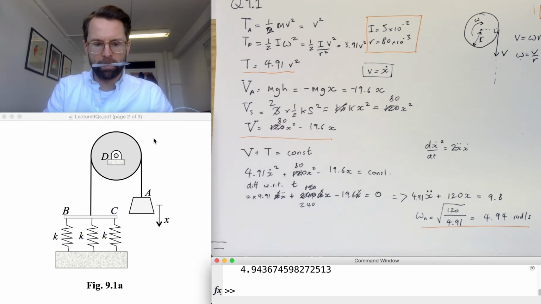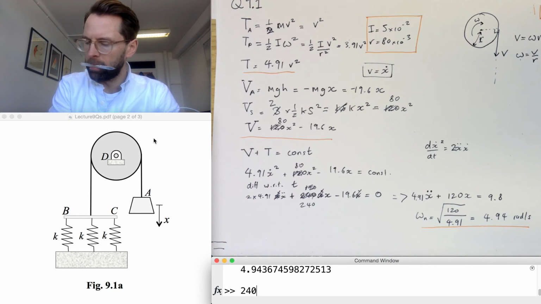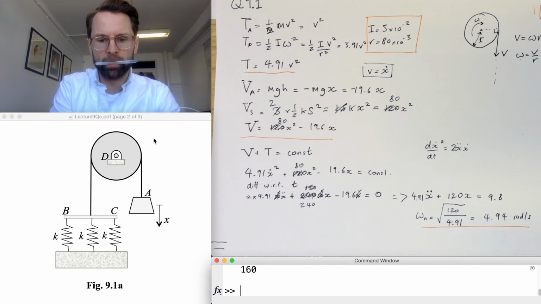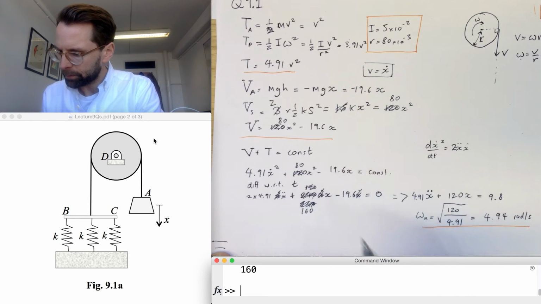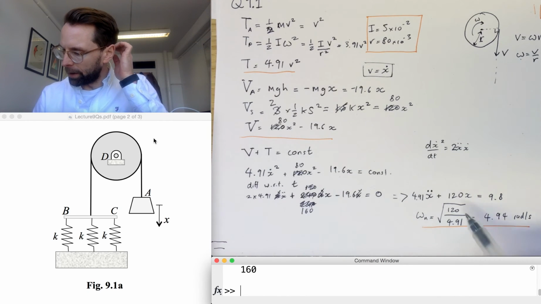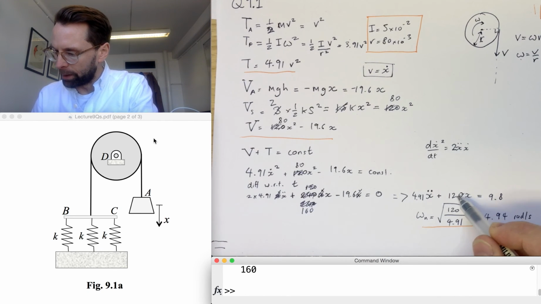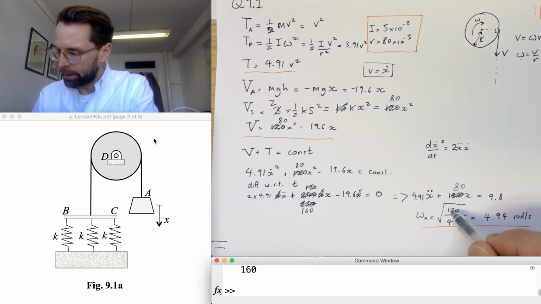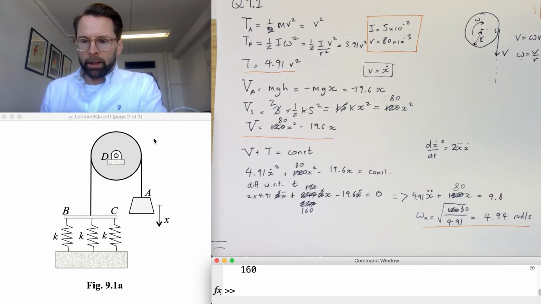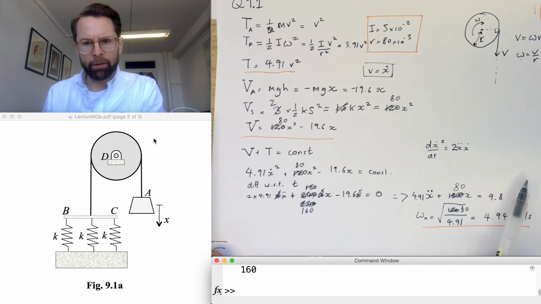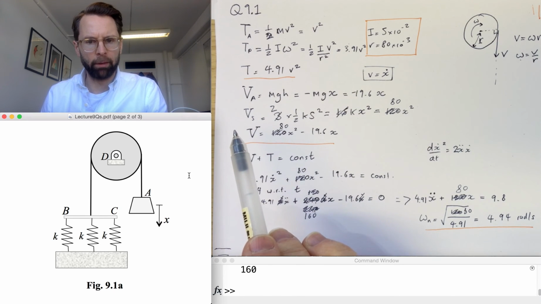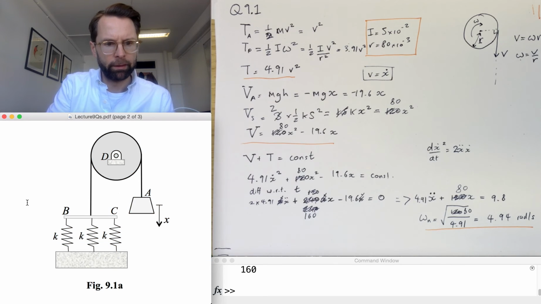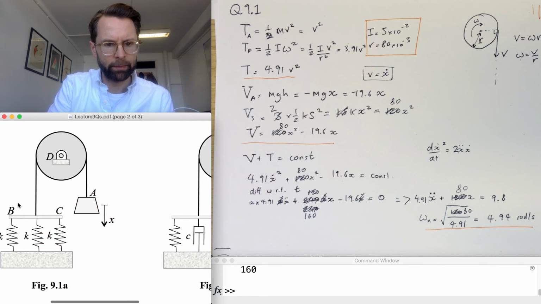It will be 240 times 2/3, 160. And then that means that this will be just 80. But what I haven't done here is taken into account the damper, of course. This is just changing it from 3 springs to 2 springs.